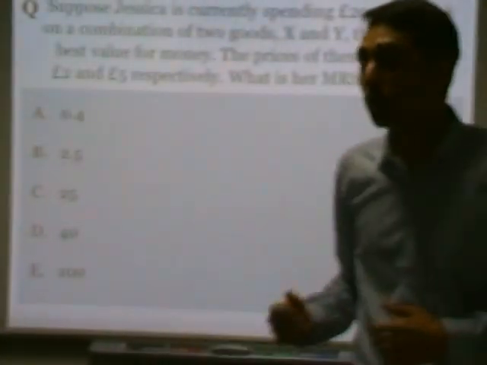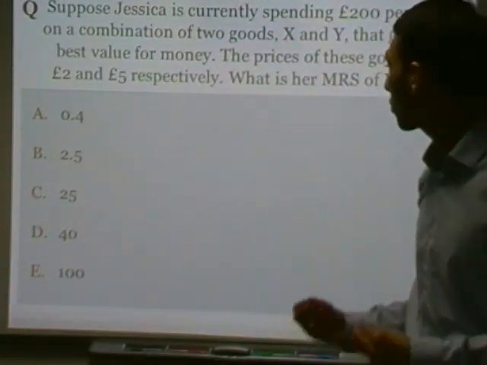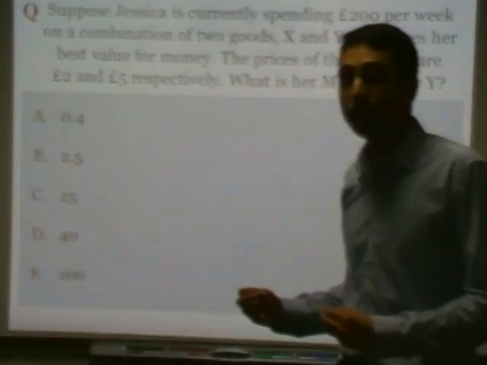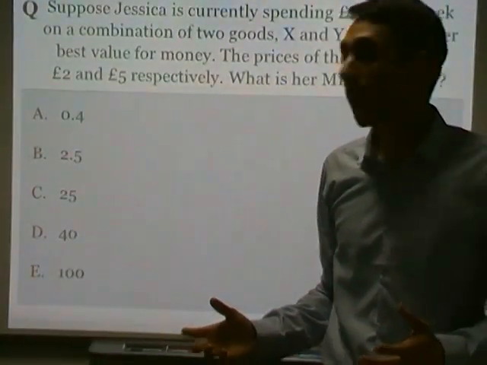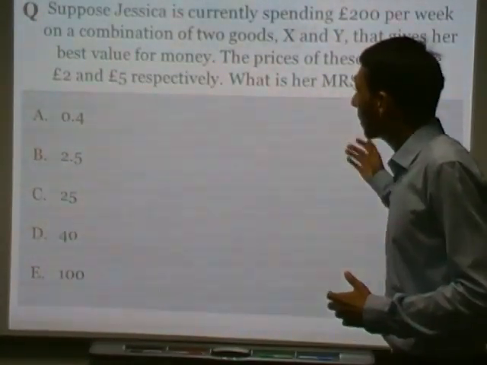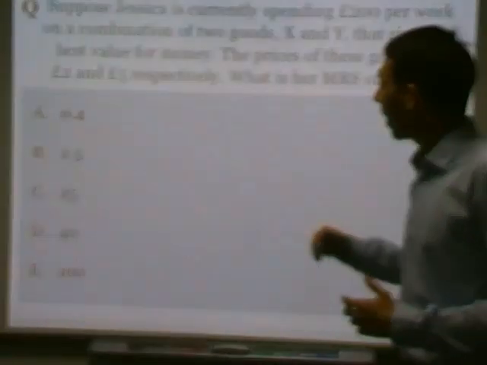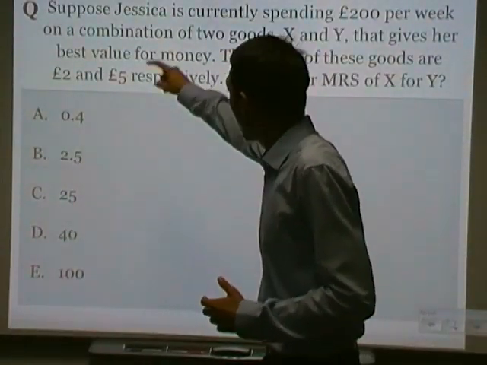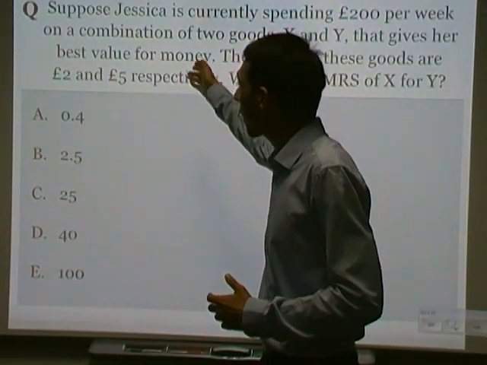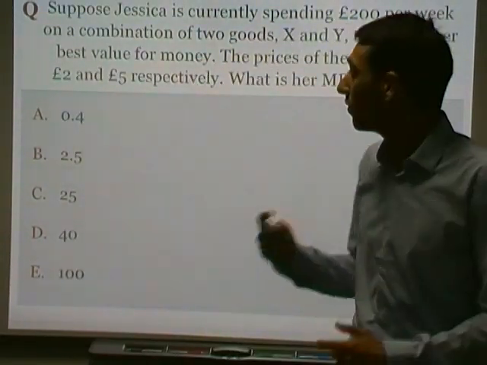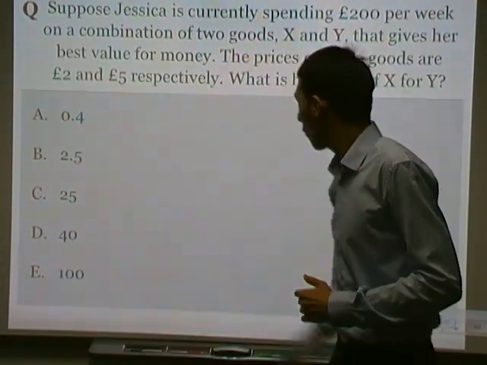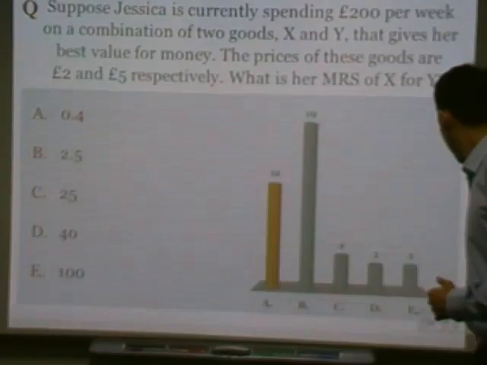The prices of these goods are £2 and £5 respectively. What is the MRS of X for Y, right? So we do the price of X divided by the price of Y, and we get 0.4 as our answer, right?